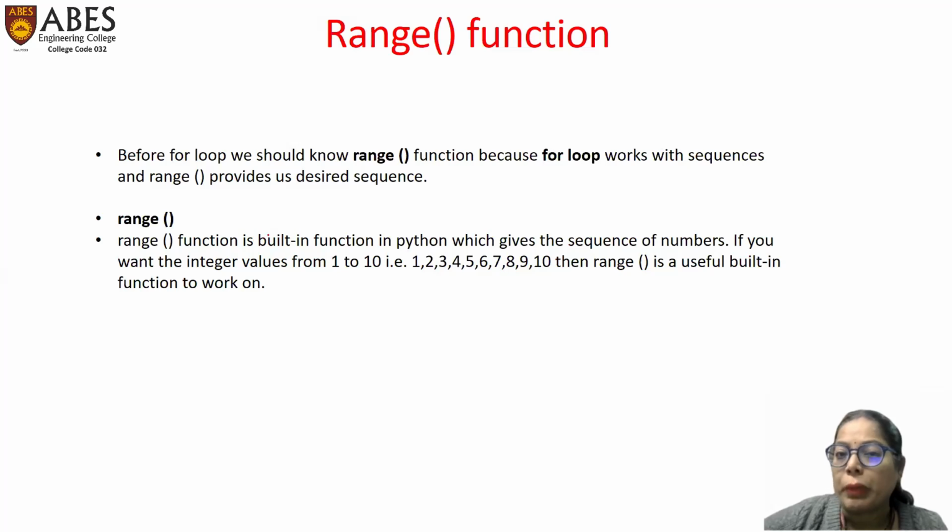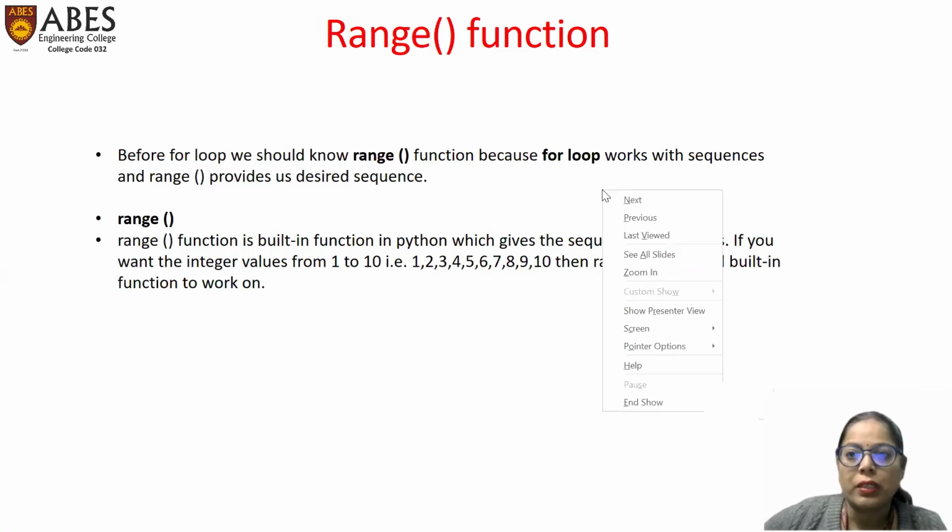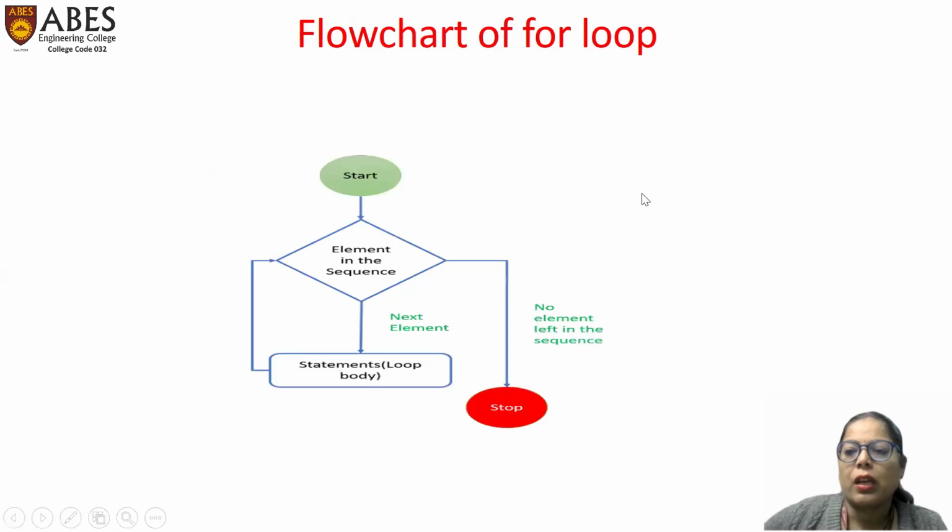Range is a built-in function in Python which gives a sequence of numbers, and it has three arguments: start, stop, and step value. Start and step values are optional, whereas the stop value is compulsory.